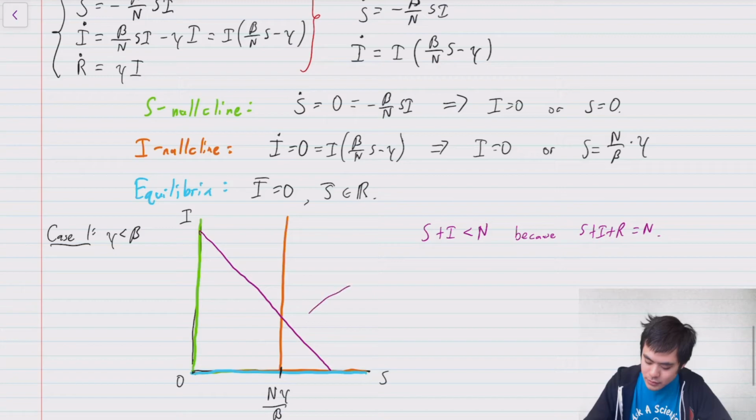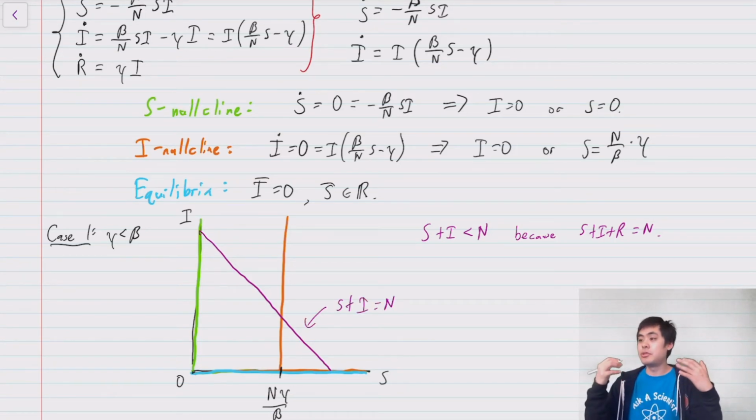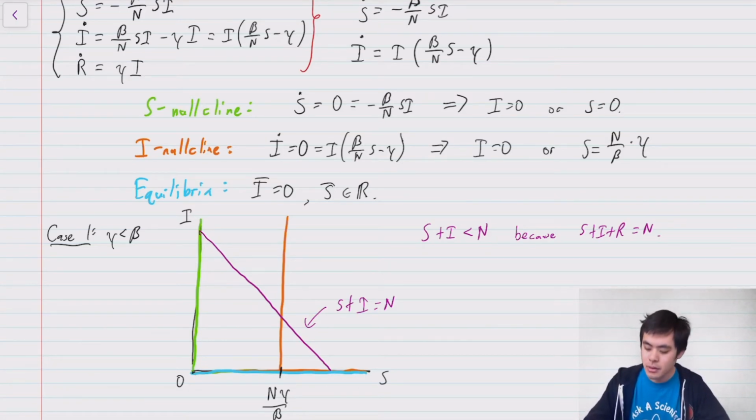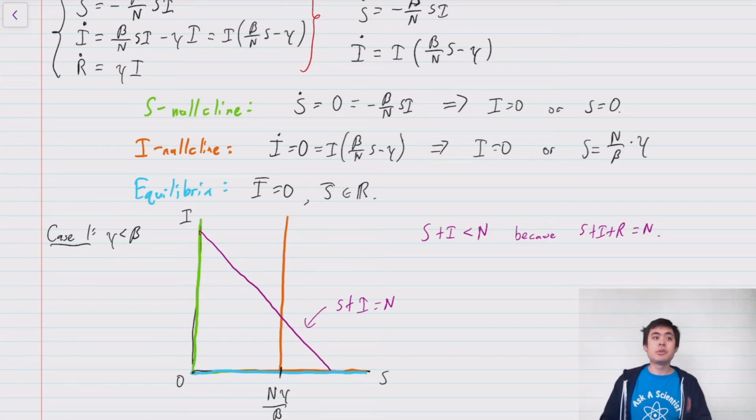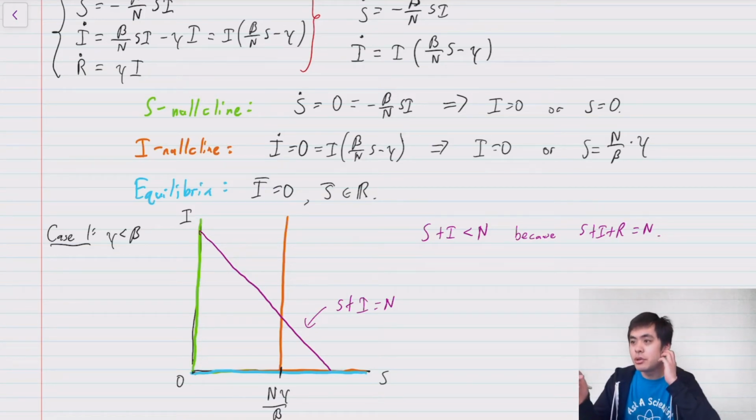This is the S plus I equal to n line, and we know that we have to be underneath it because it has to be less than n. So now what we want to do is analyze all the different directions along the nullclines.